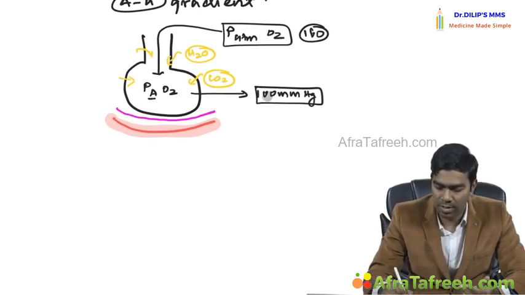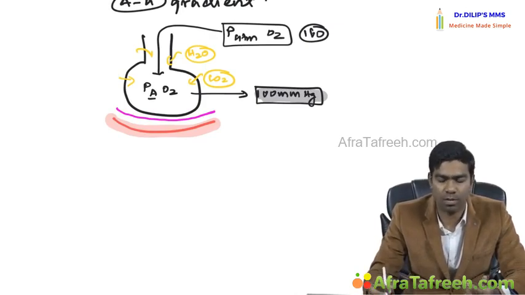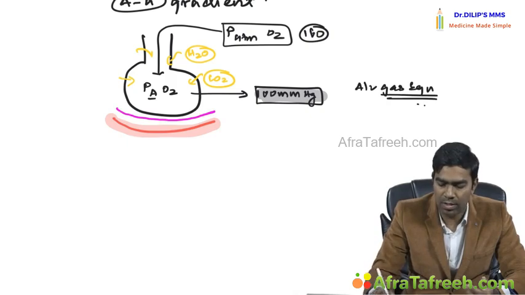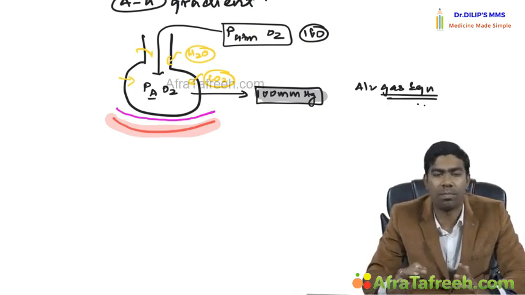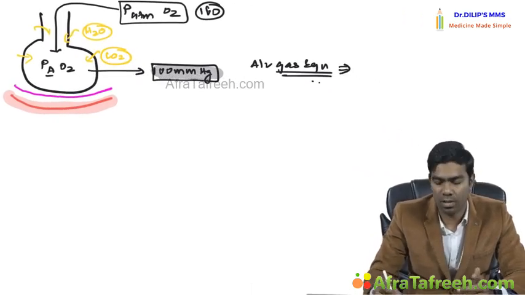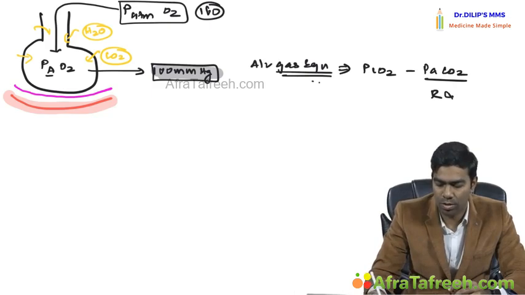Even though this is the normal physiological partial pressure of alveolar oxygen, you have something called the alveolar gas equation, which determines the amount of partial pressure of alveolar oxygen. It states: partial pressure of inspired oxygen minus partial pressure of arterial carbon dioxide divided by the respiratory quotient.